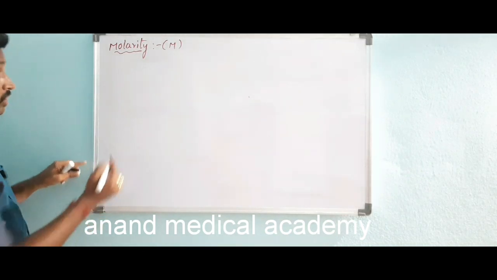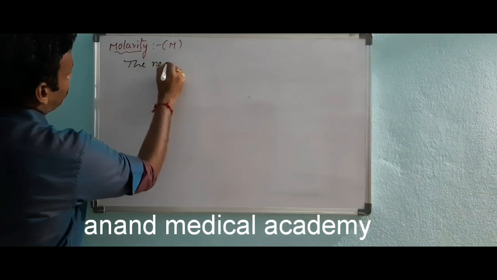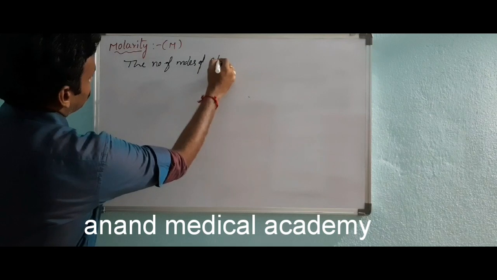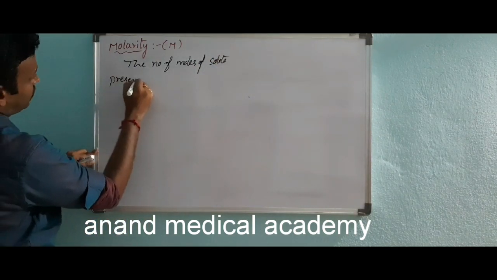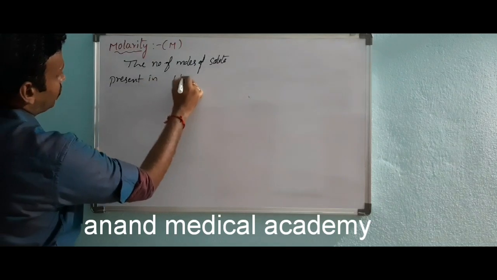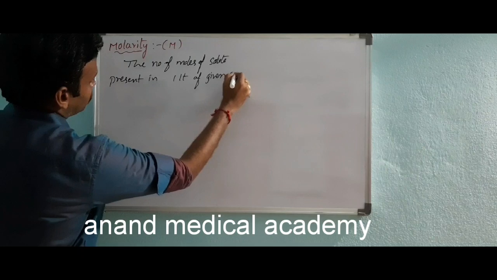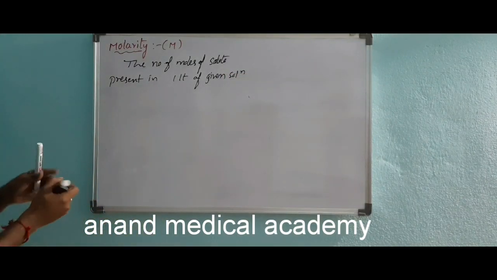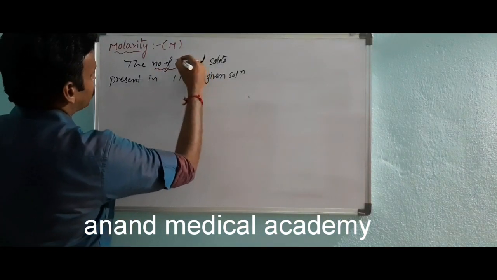So molarity you can write: the number of moles of solute present in 1 liter of given solution. Just observe everybody, number of moles I have written. The number of moles we represent with a small n.